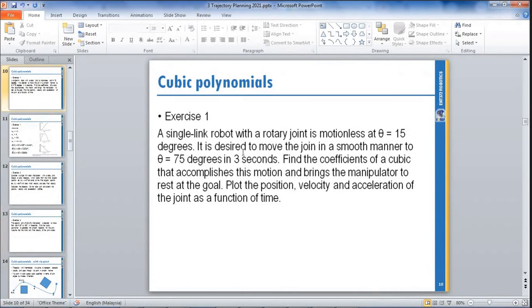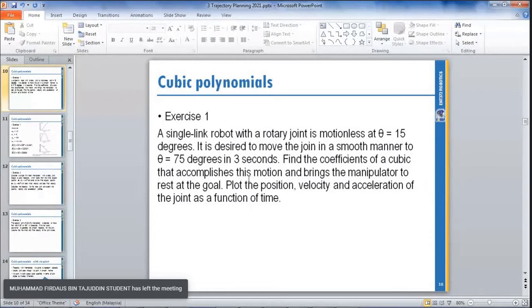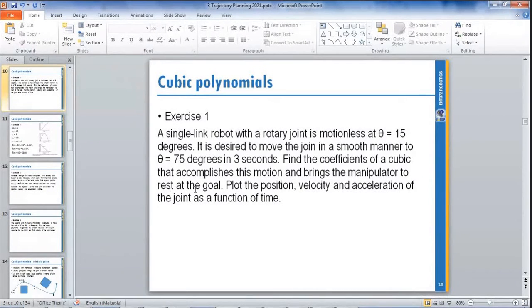It is desired to move the joint in a smooth manner to theta 75 degrees in 3 seconds. Find the coefficients of a cubic that accomplishes this motion and brings the manipulator to rest at the goal. Plot the position, velocity, and acceleration of the joint as a function of time.